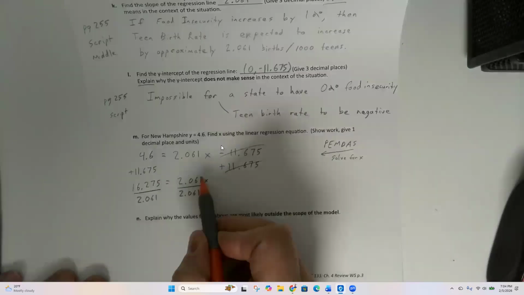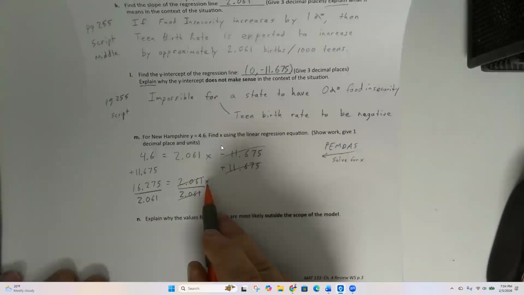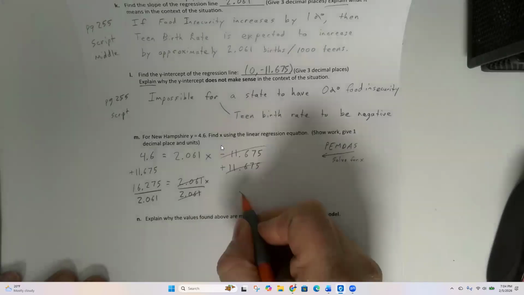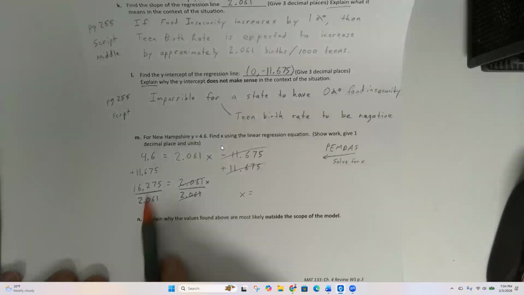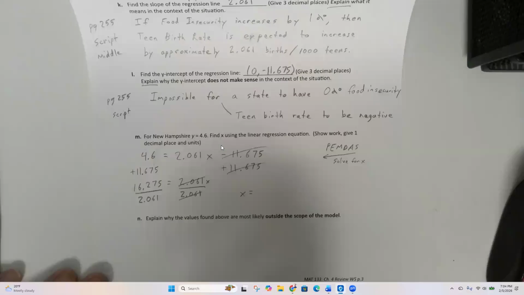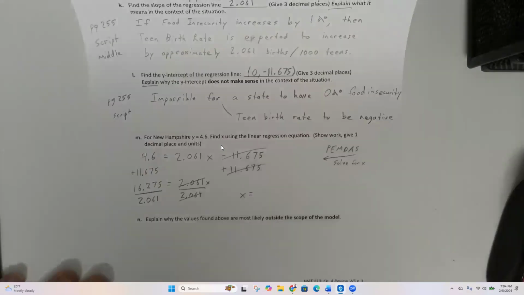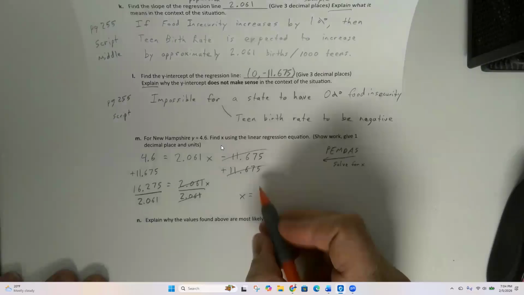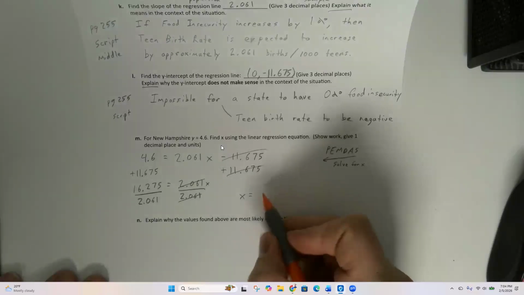So these will cancel out, and all you'll have left is x. So we get x equals, I'm not going to do that one in my head. Somebody, 16.275 divided by 2.061. Thank you, Mike. We need 7.8, 7.9.